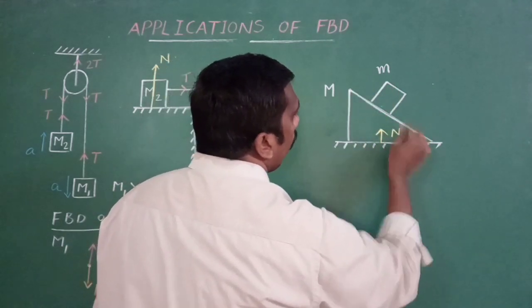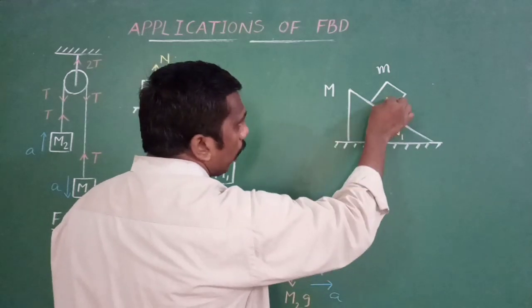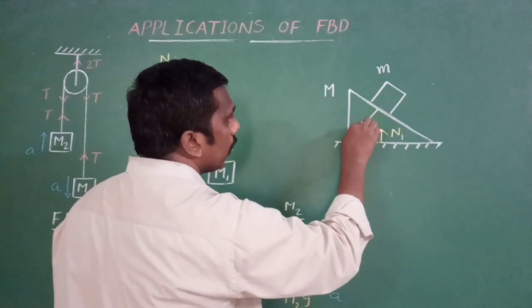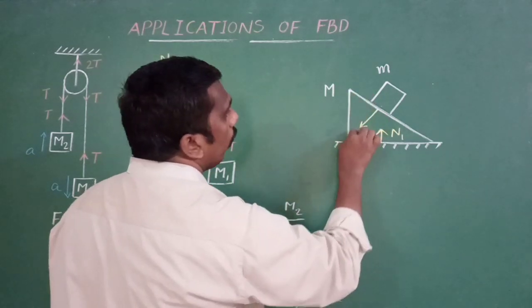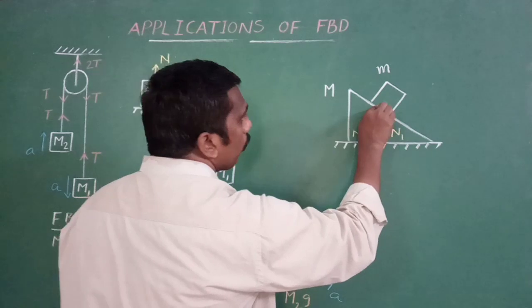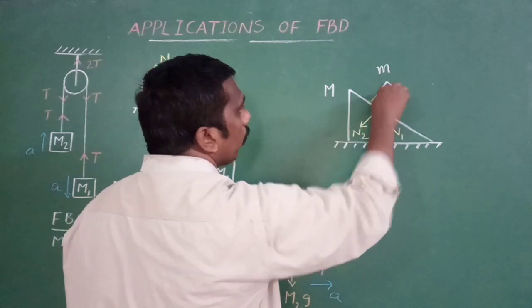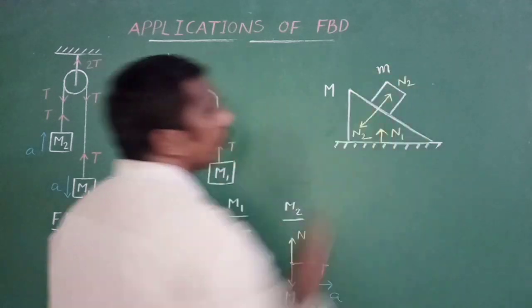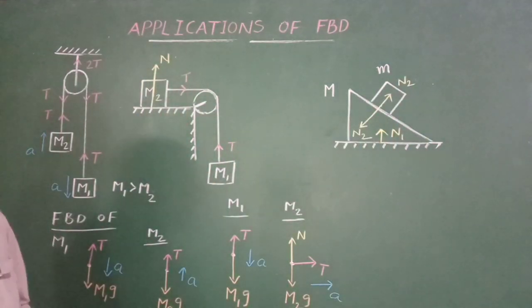Another normal reaction, because of this block, acts perpendicular to the surface. This is N2. For every action there is an equal and opposite reaction, so the same normal reaction acts on the block in this direction. This is the N2 direction on the block.